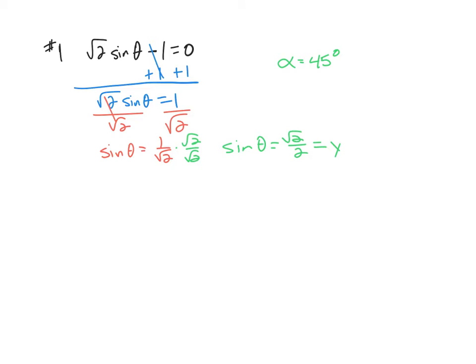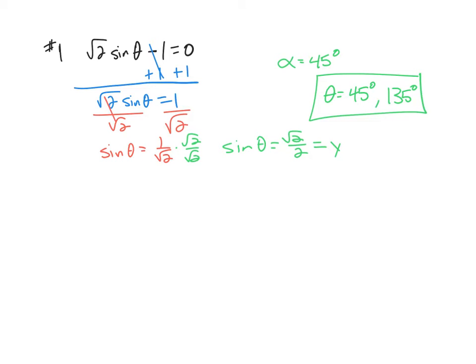That's a reference angle of 45 degrees. Since this is a positive ratio, and sine is positive in quadrant 1 and quadrant 2, we'd get 45 degrees and 135 degrees as our theta values for equation number 1.